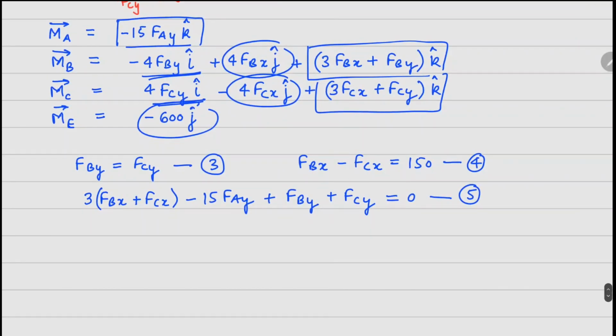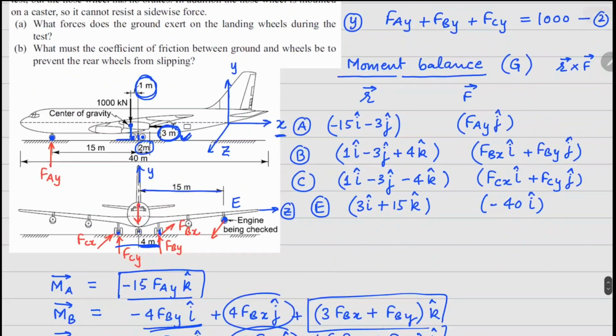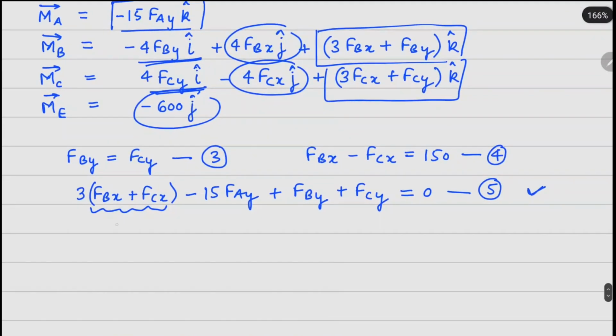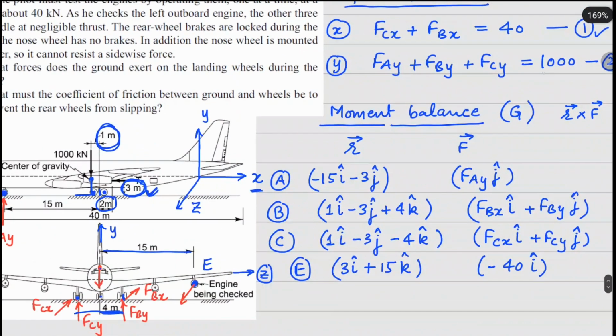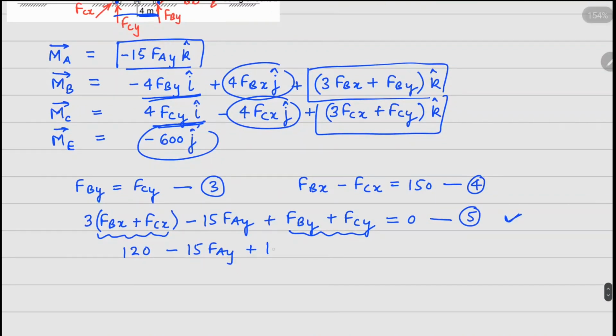For example, this equation may look complicated, but we know the value of this already from your equation number 1 here. So I can substitute this as 40. So this becomes 120 and this is minus 15 FAY, and this right here we can replace as 1000 minus FAY. So now this is an equation only in FAY.